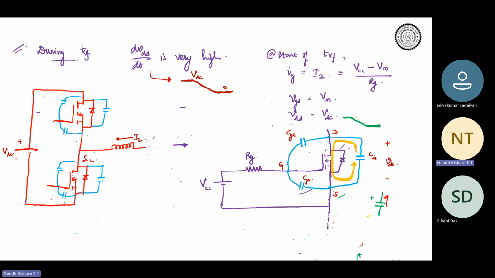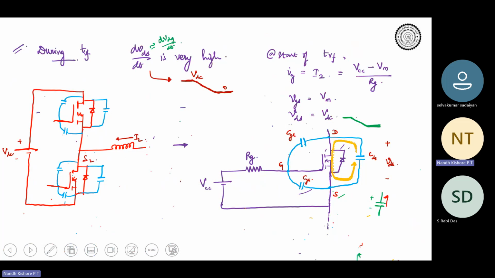The next thing is, at the drain terminal there is a voltage. We saw that dVds by dt is almost the same as dVdg by dt, correct?